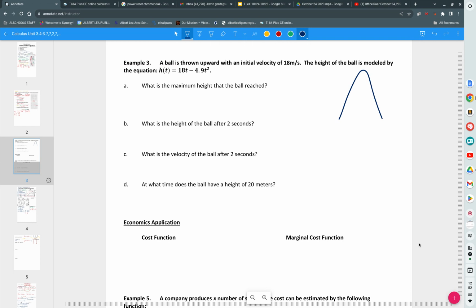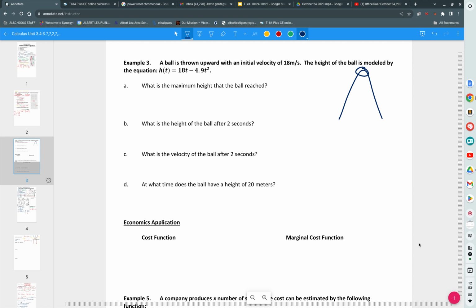And it says, what is the maximum height the ball reaches? Tell me something about the time at which it reaches the maximum height. It's not right away. You tell me when I get to the maximum height. Right there. Tell me something about that spot.